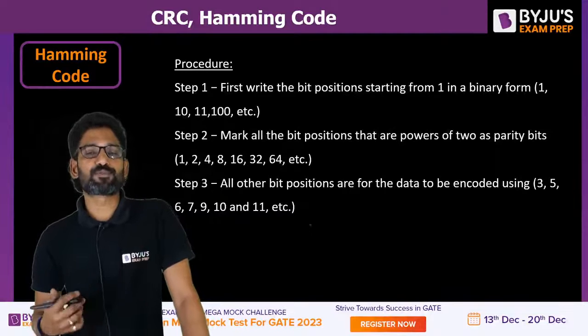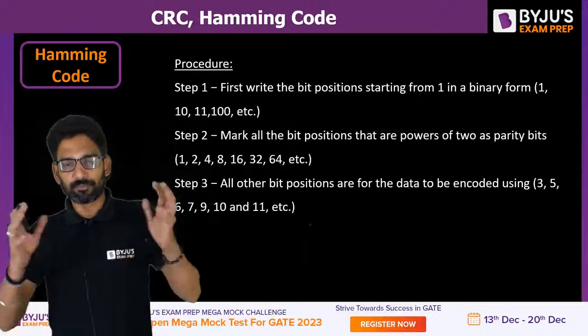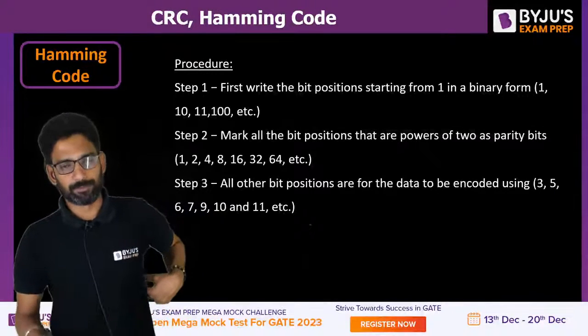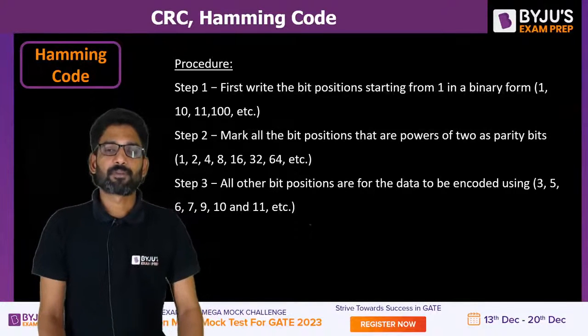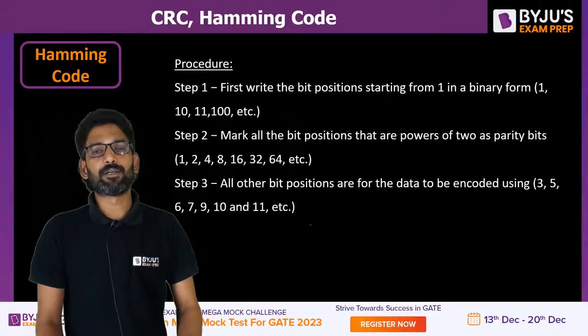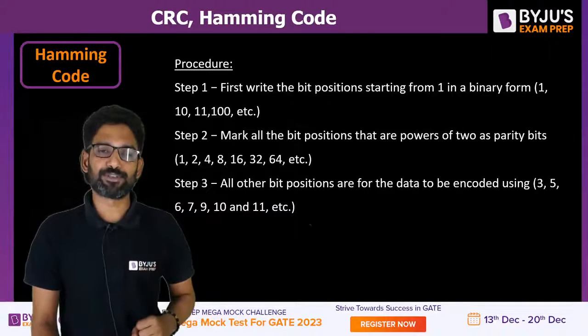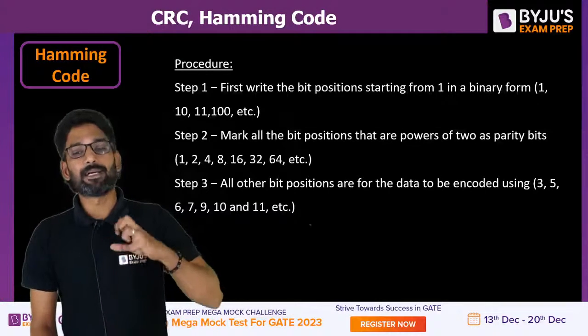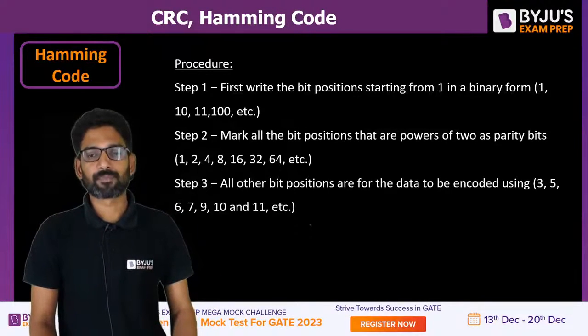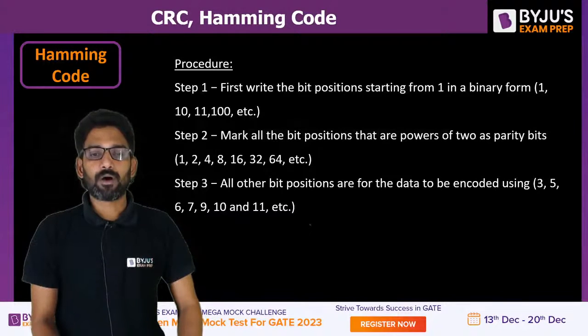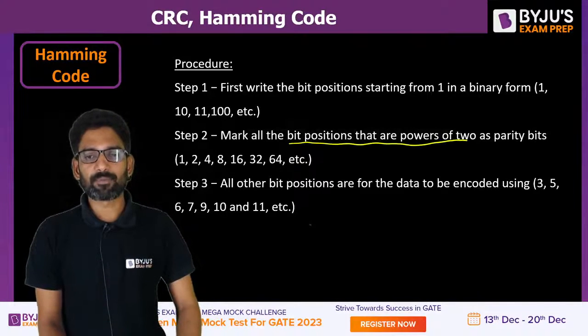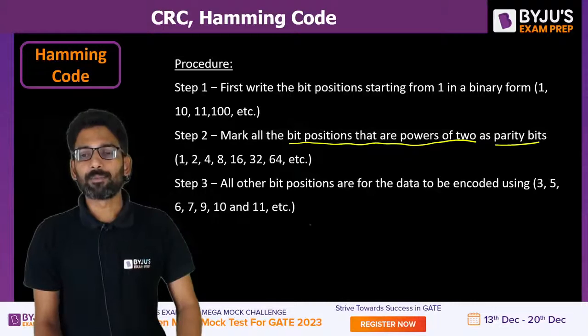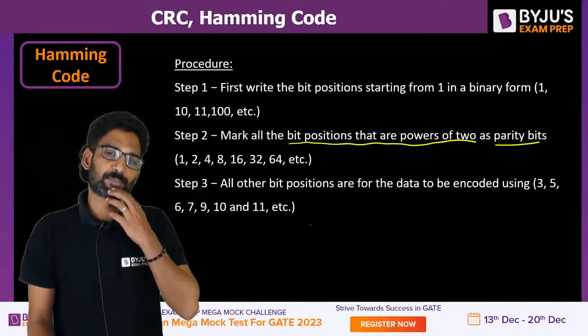So what is the procedure? How do we form the code word? First we have to find out what are the redundant bit positions and data word positions. All the bit positions that are powers of 2 are redundant bit positions or parity bit positions.